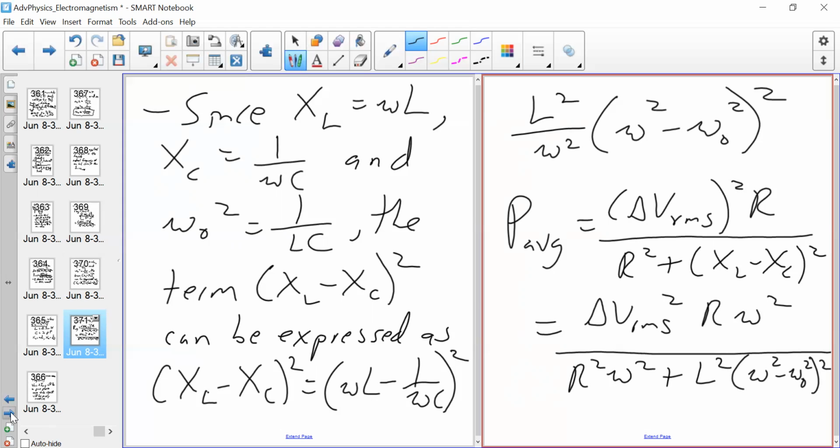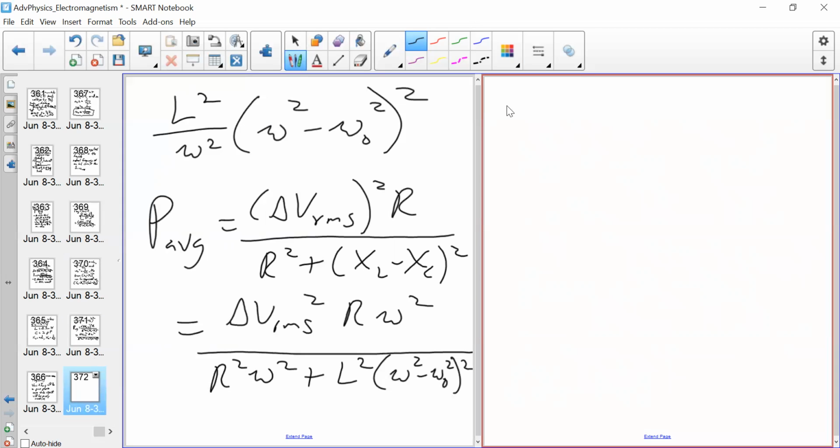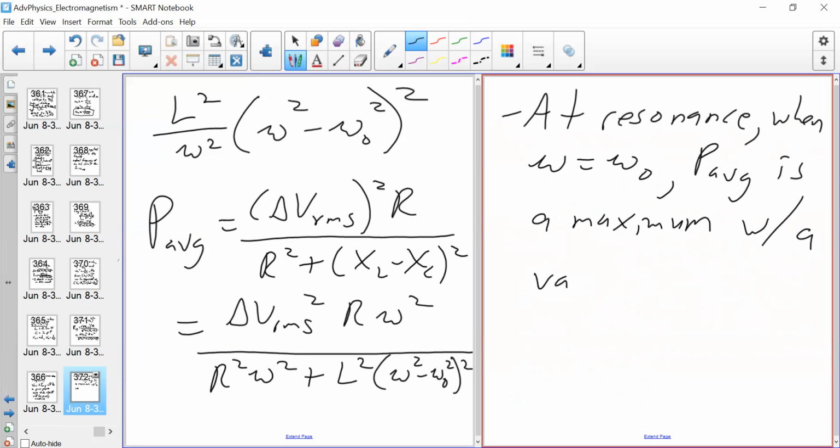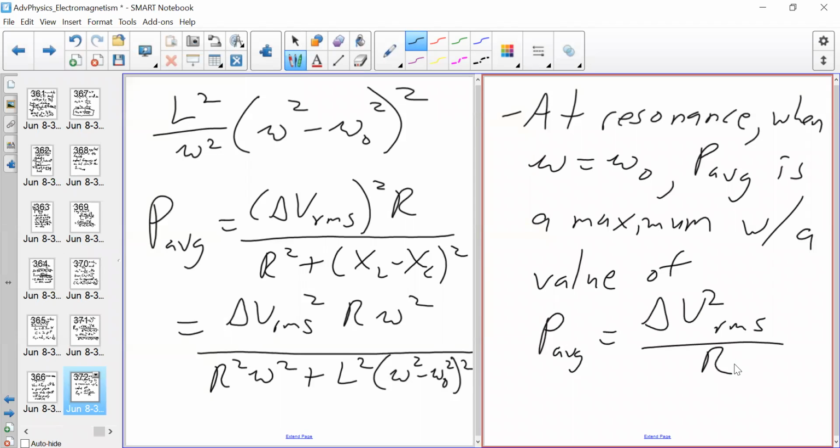But if that circuit was at resonance, when omega equals omega naught, the average power is a maximum, with a value of average power delta V RMS squared over R, which is very similar to our old expression for power, V squared over R, for the DC circuit case.